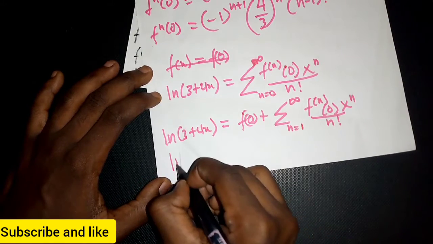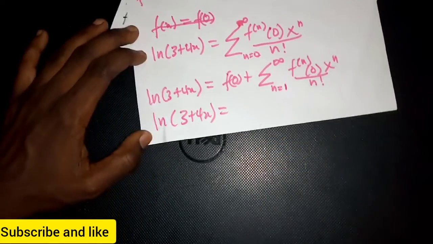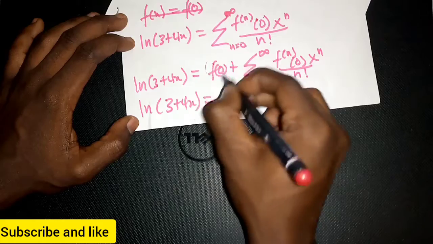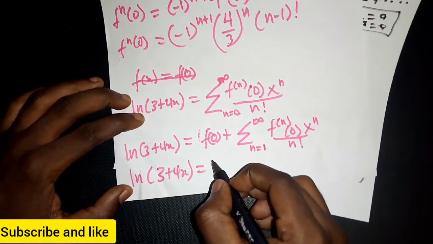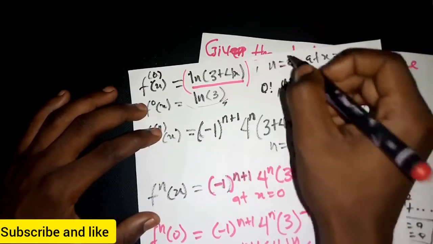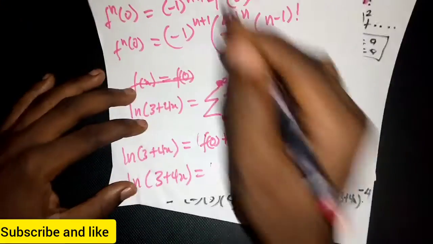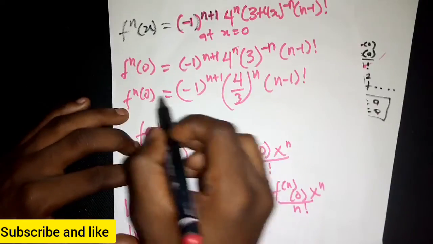Now from here we have the ln of 3 plus 4x here being equal to, so in general we can have this f of 0 as that here. So when x is equal to 0, we add that, so it is just ln 3, then the rest of the sequence was just that.